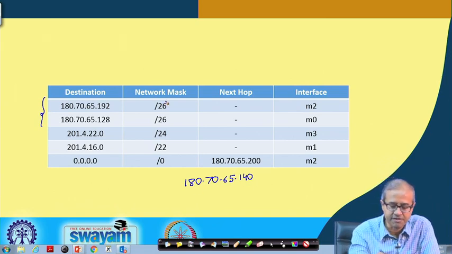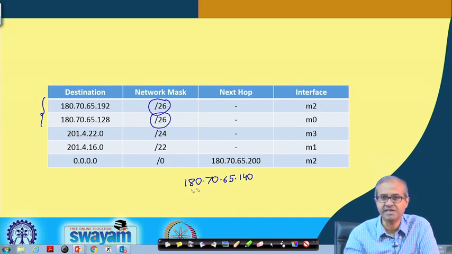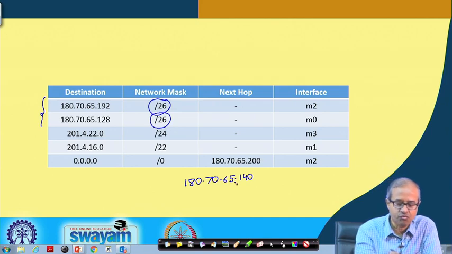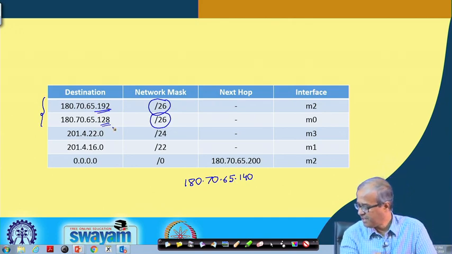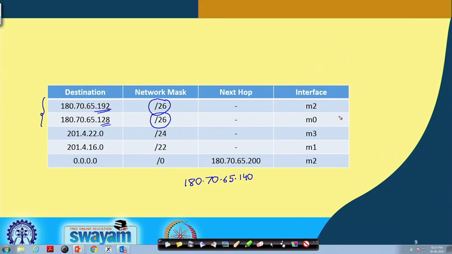You look at the first 26 bits of the address and see whether they match with either this or this. Well, in this case, you will see that there will be a match with the second row for this packet. So, this packet will get forwarded over M0.